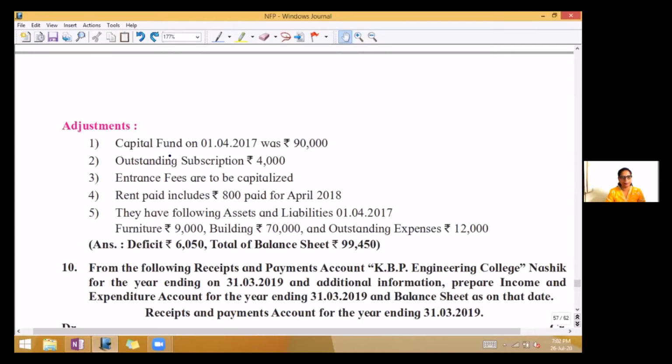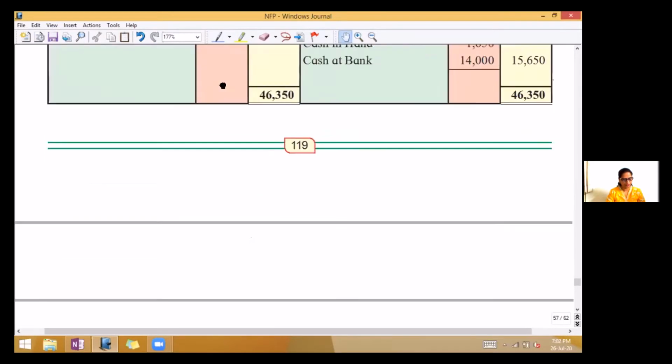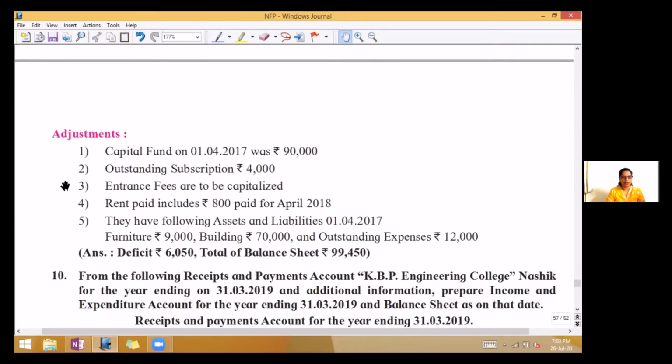First is capital fund on 1st April 2017 was rupees 90,000. Second, outstanding subscription rupees 4,000. Tick mark subscription on the receipt side. Entrance fees are to be capitalized.